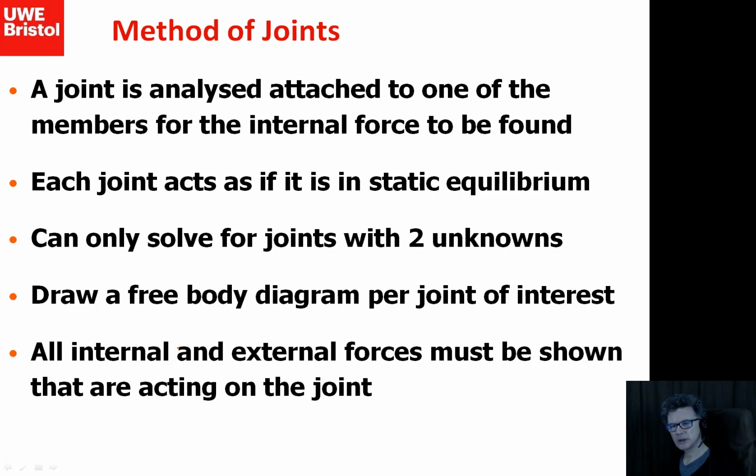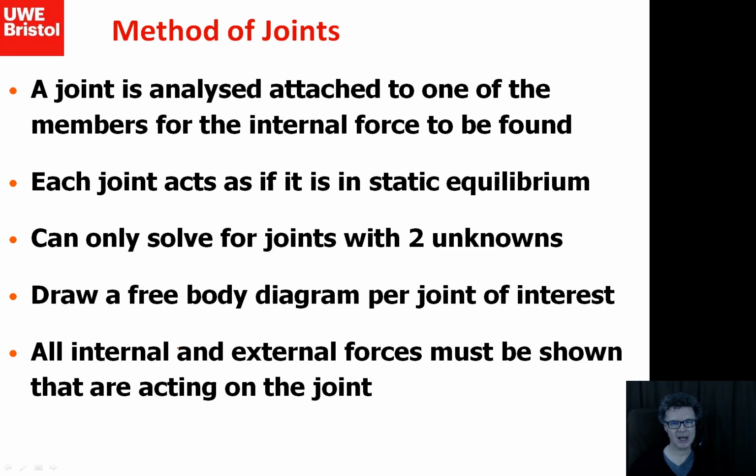So the concept with the method of joints is that a joint can be analysed attached to one of the members for the internal force to be found. Okay. So we are going to be looking for what the internal forces are, where we're going to pick on a particular joint and we're going to take an imaginary cut around that joint.